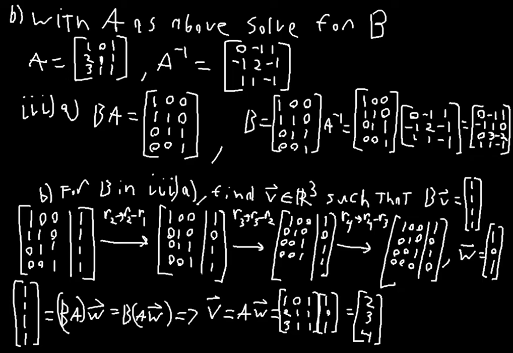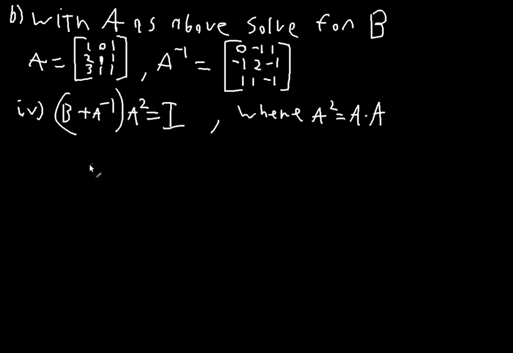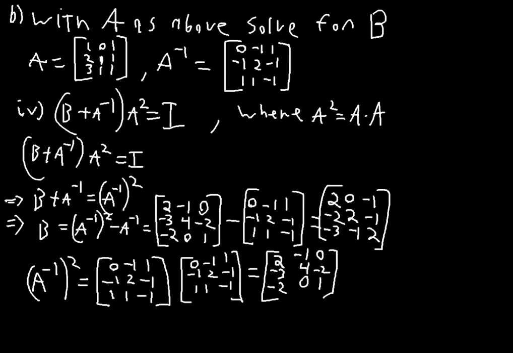Now there's one last part to this question. Instead of having some simple equation like B times A equals something or A times B equals something, what we have is this complicated algebraic expression we need to solve for B. To do this, we just got to manipulate the equation a little bit, rewrite it a few times, and solve for B. That's what I've done here. I can multiply on the right by A inverse twice, and we get this expression.